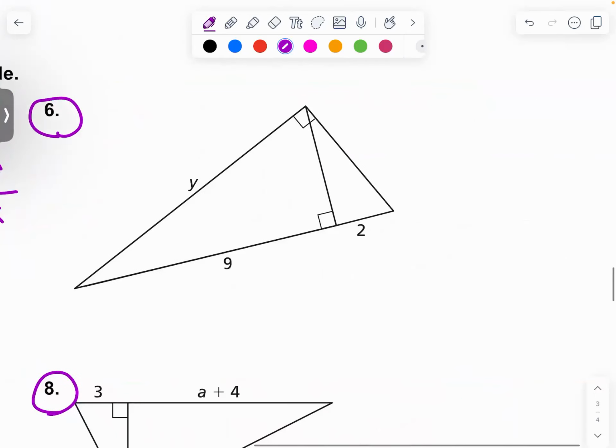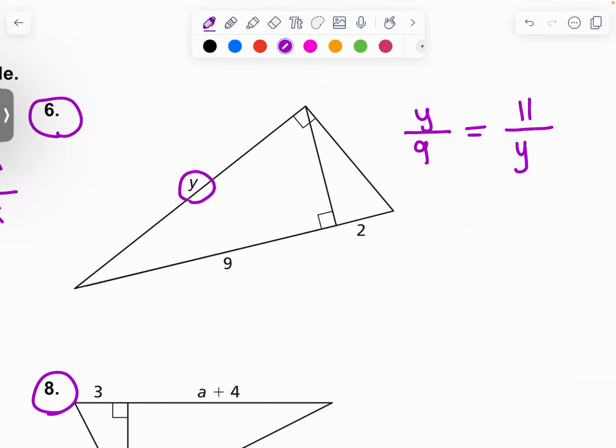Okay, how about here? Hardy, what do you have for this proportion? Okay, good. So y is the geometric mean between the piece of the hypotenuse and the whole hypotenuse. So we had to figure out what that was by adding 9 and 2.